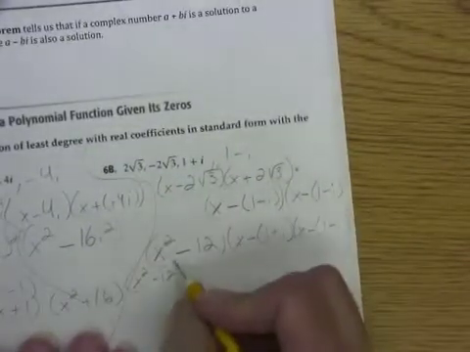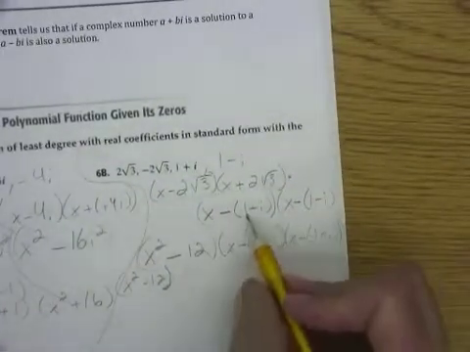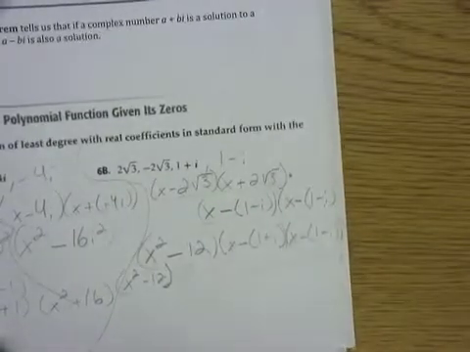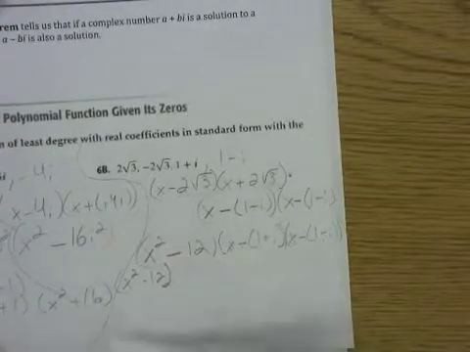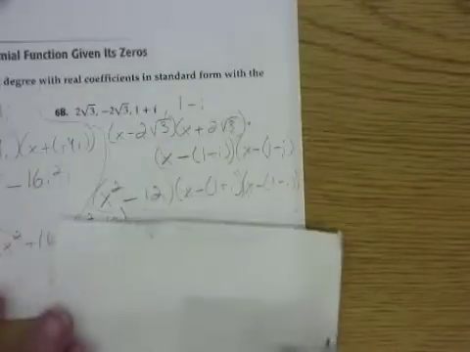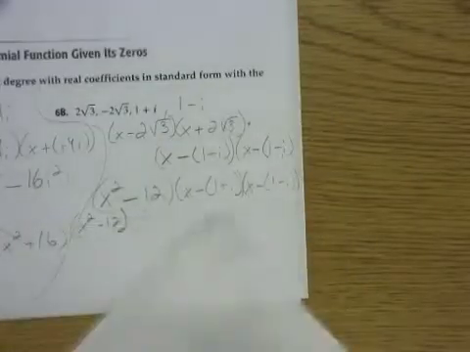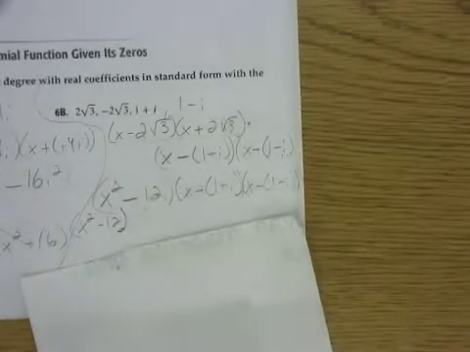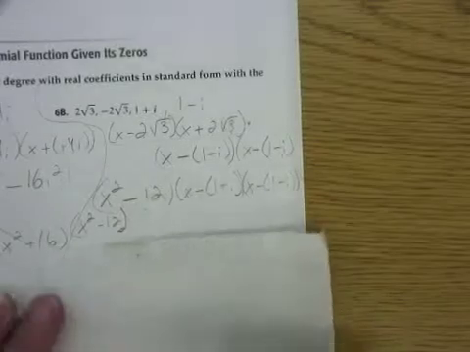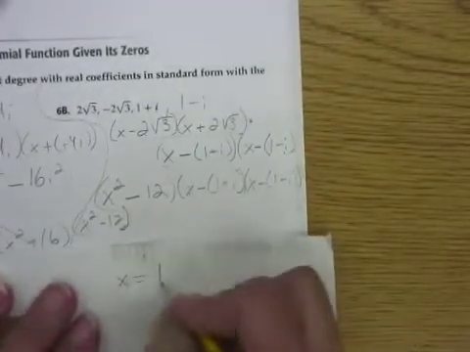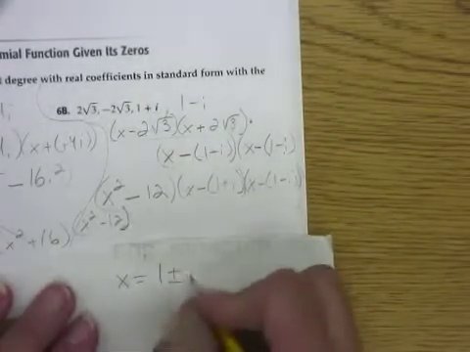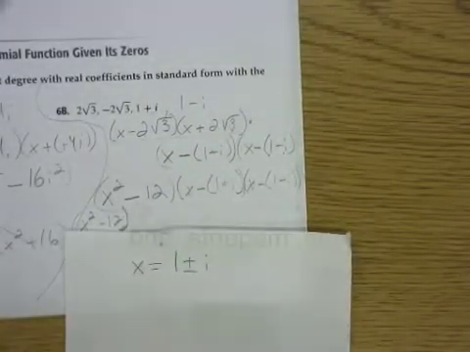But think about what it means for 1 plus i and 1 minus i to be zeros of a polynomial. Let's do this off to the side. It means that someone, somewhere, solved an equation and got that x equals 1 plus or minus i as their solution.